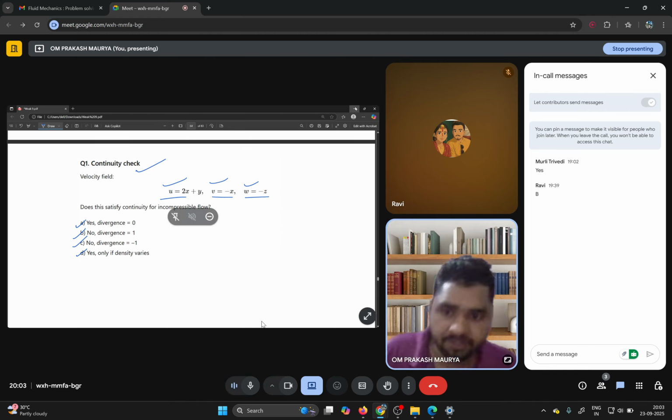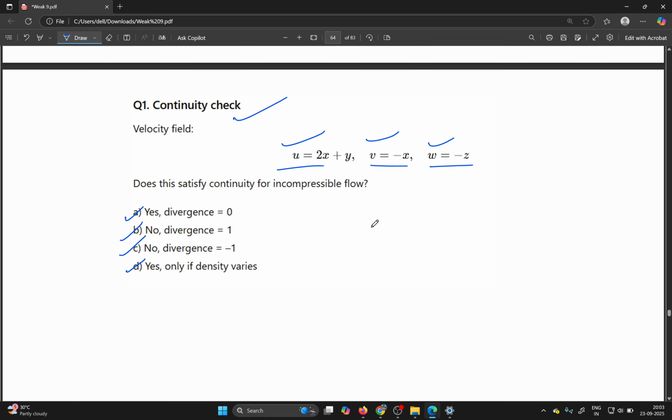Okay, so now let us discuss the solution of this question. Here we need to check whether the function satisfies the continuity or not. You know already the equation: del u by del x plus del v by del y plus del w by del z is equal to 0.